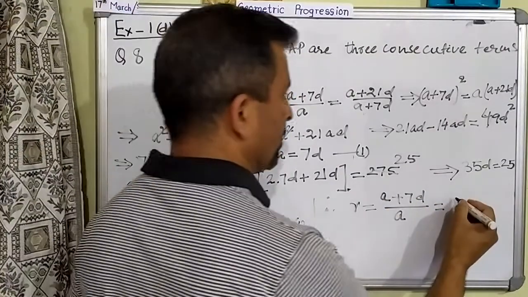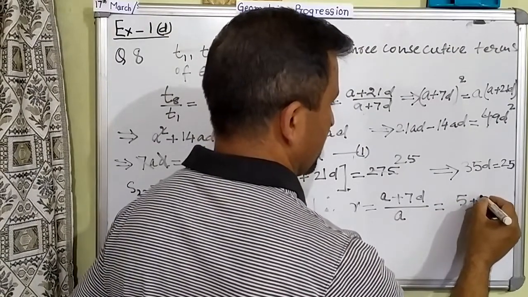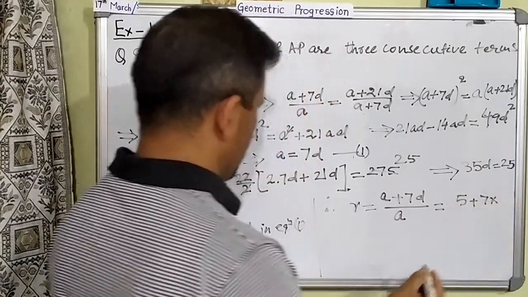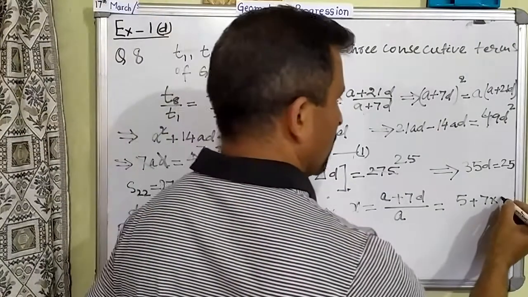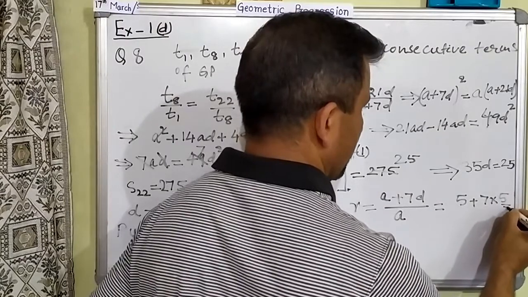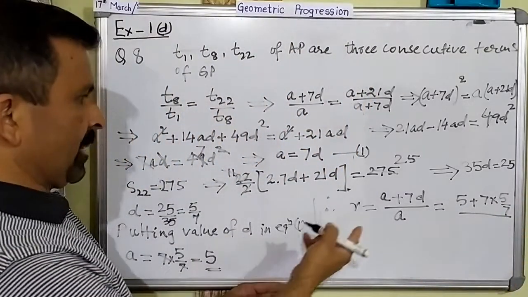You calculated 5. This is 5, right? Plus 7. And then what is your D? Your D is calculated to be 5 over 7. So put this value 5 over 7 and then divided by A.